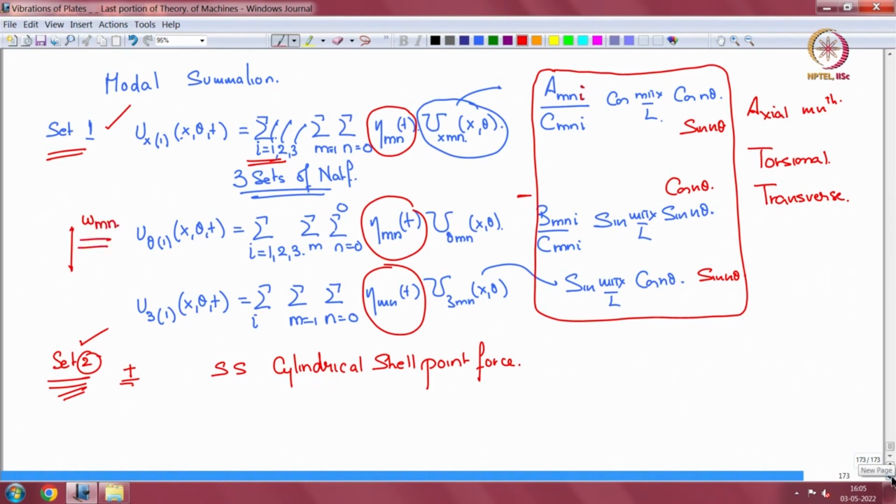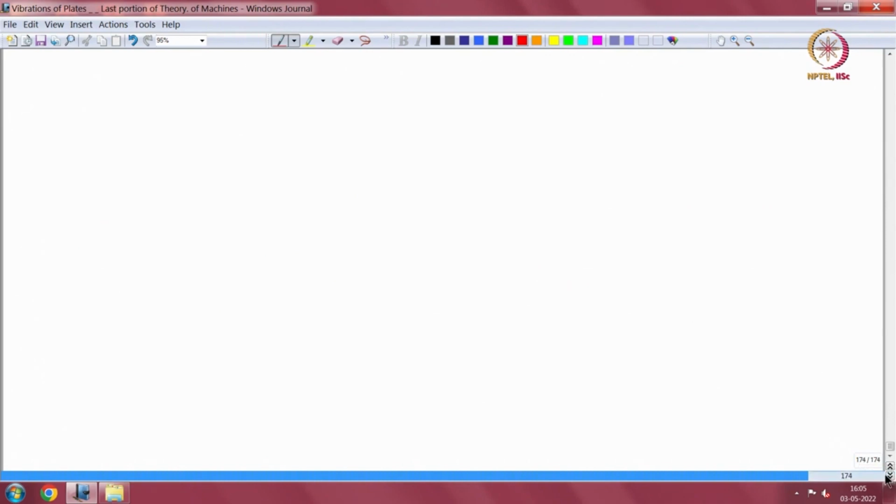Okay. So now, if you remember the form of the equations, we have L1, let us say, then U1, U2, U3 the spatial operator, then we have minus lambda U1 dot minus rho h U1 double dot is equal to minus Q1.